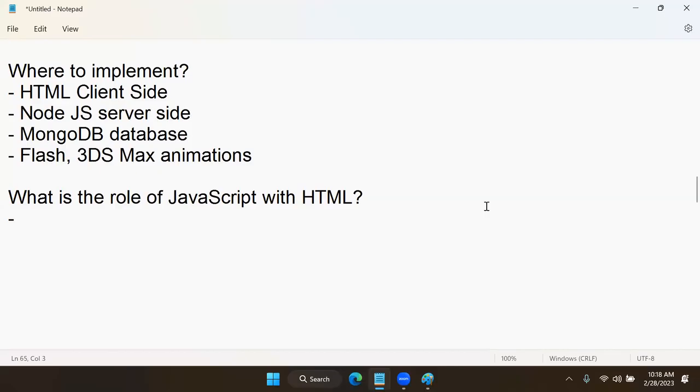Now, why are you using JavaScript with HTML? What is the necessity? I am asking why. What is the purpose of JavaScript with HTML?